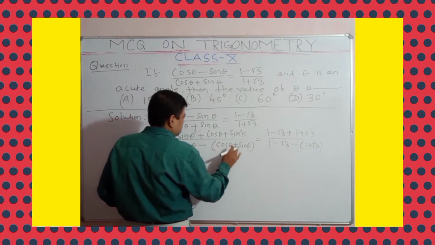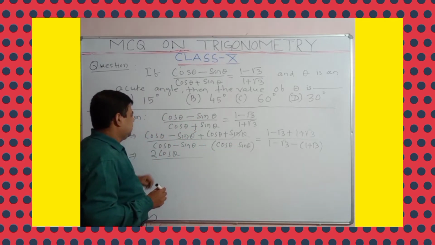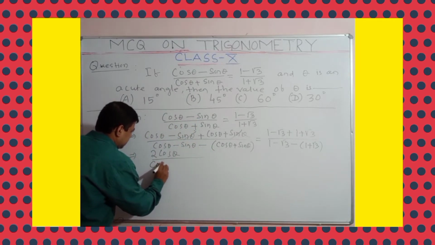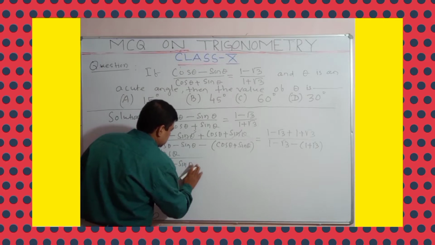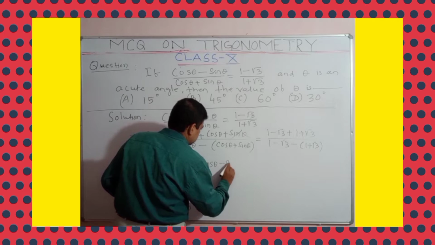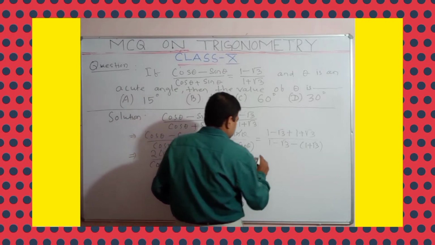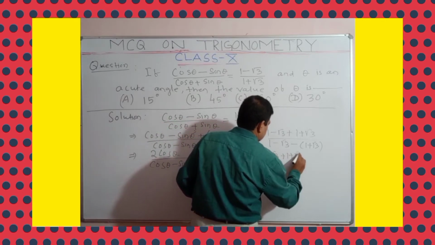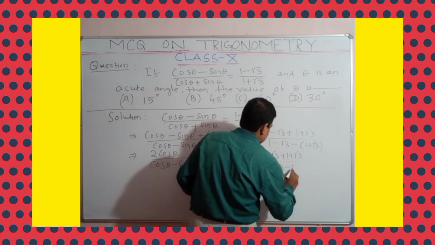So let's remove the bracket first: cos theta minus sin theta minus cos theta minus sin theta, is equal to 1 minus root 3 plus 1 plus root 3 divided by 1 minus root 3 minus 1 minus root 3.